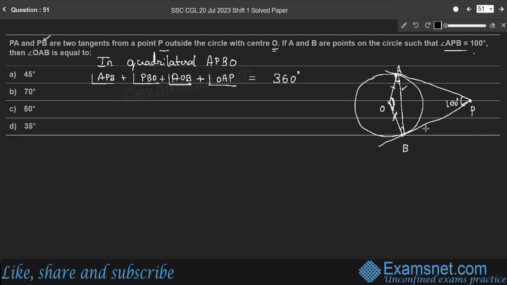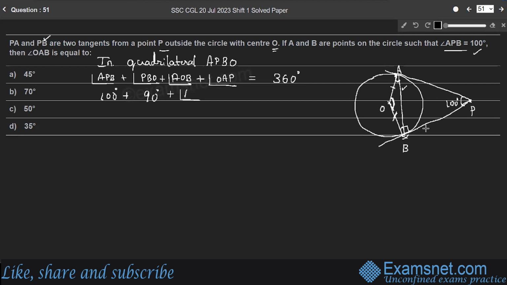Here angle APB is given as 100 degrees, plus PBO is 90 degrees because a tangent makes a right angle with the radius of the circle at the point of contact. We all know that. Therefore, PBO is 90 degrees.